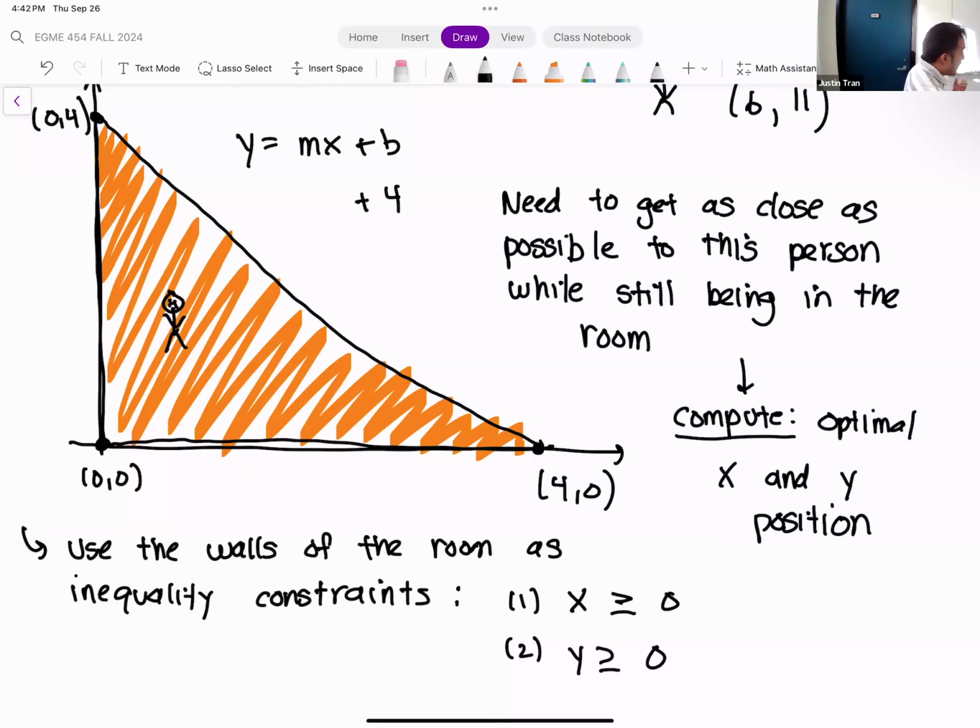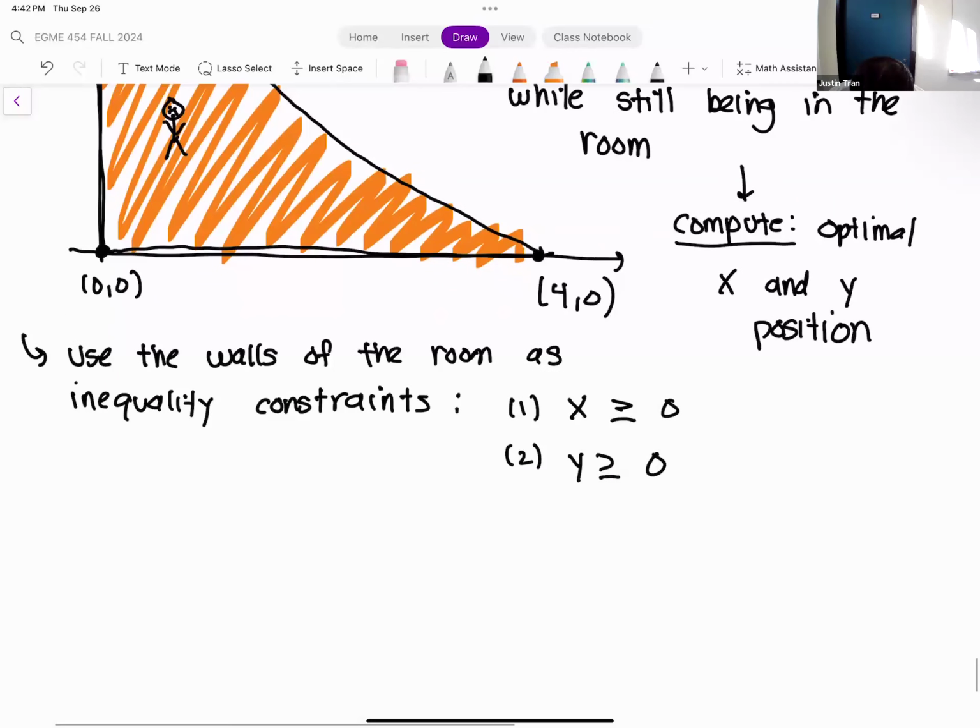And then we can see that when x is equal to 4, then our y value here is 0. Okay. So the equation for that wall is y is equal to minus x plus 4. And so that sets our third constraint. The third constraint is that y must be less than or equal to minus x plus 4.